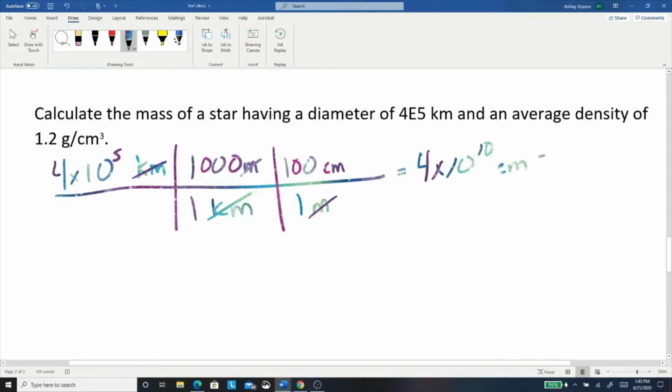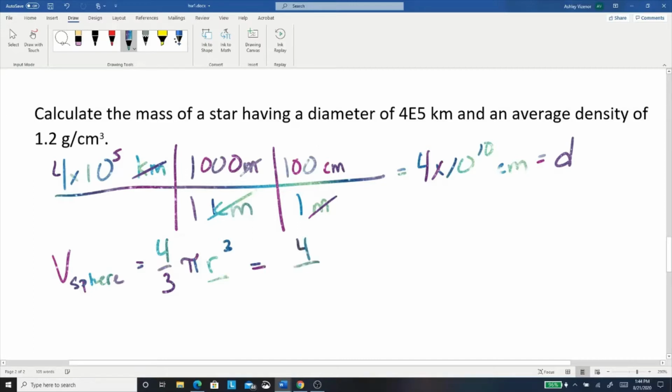Now, this is our diameter. The volume of a sphere, we're going to assume the star is a perfect sphere, is 4/3 pi r cubed. R being the radius, and remember the radius is half of the diameter.